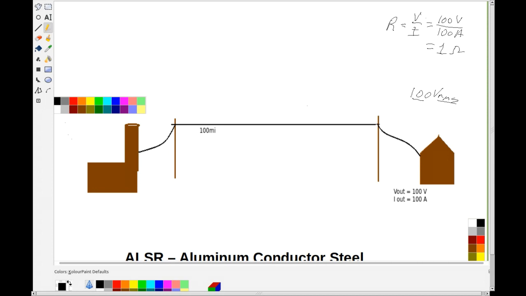So the resistance in my house was effectively 1 ohm, or maybe a little bit more than that. If it was 120 volts, then it would be like 1.2 ohms. But that's the resistance of my house when I tripped that breaker.